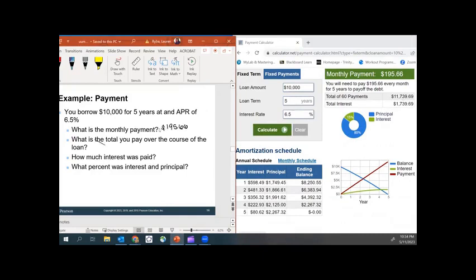Total is the second number, $11,739.69. How much interest was paid is the third number here, $1,739.69. And then we can grab those percents again. So this one was only 15% interest and the remaining 85% principal.